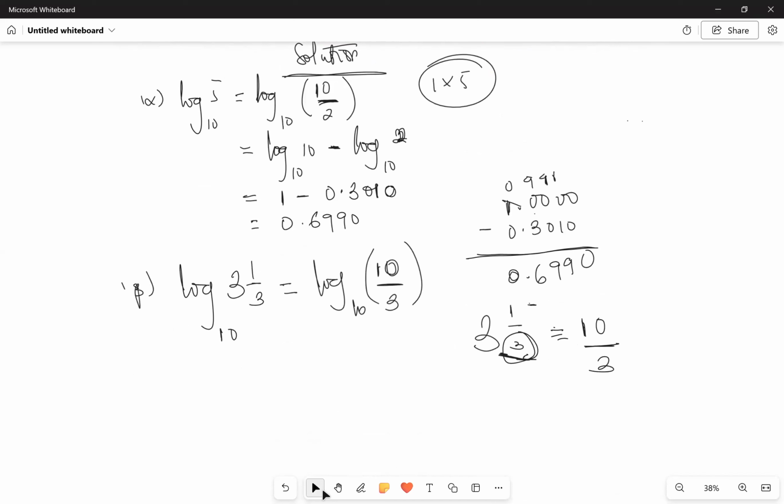If you can't think the way I'm thinking, no worries, just look at us while we open up and you get it better. This one is log to the base 10 of 10 over 3, right?